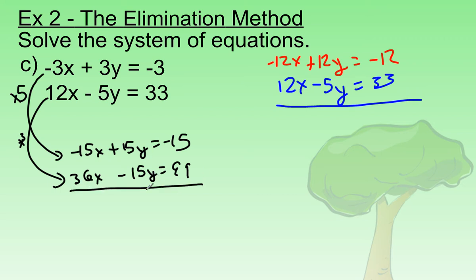The answer is yes, because look what we do here. If we multiply the top one by 5 and the bottom one by 3, this would now eliminate. I have a positive 15 and a negative 15. So those y's would eliminate, and I'd be left with x's. I could solve the equation, get my answer, and both of these problems are going to give us the exact same solution because they're both from the same set of equations. Okay? So this is the little extra work needed to solve an equation using the elimination method.